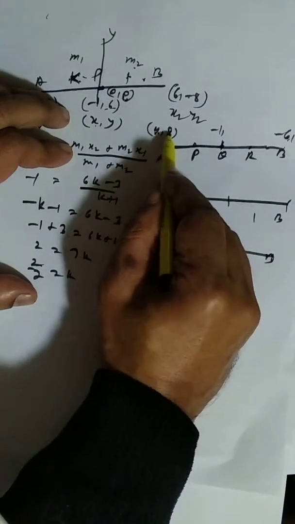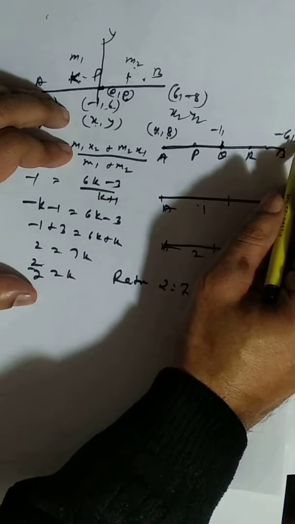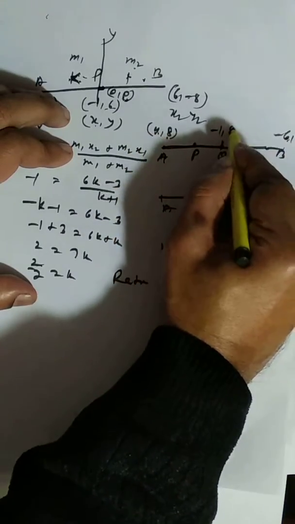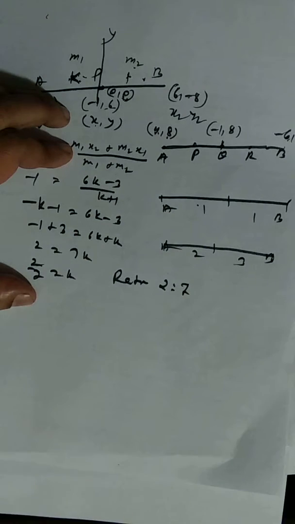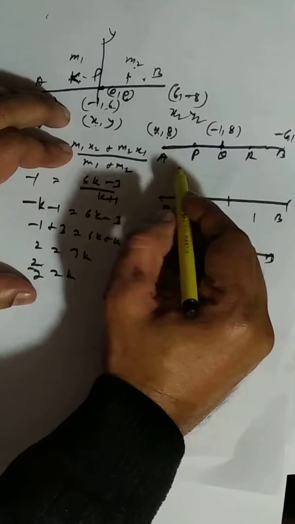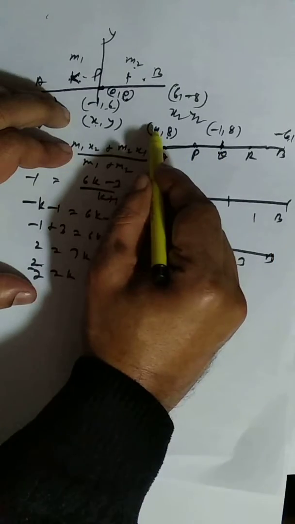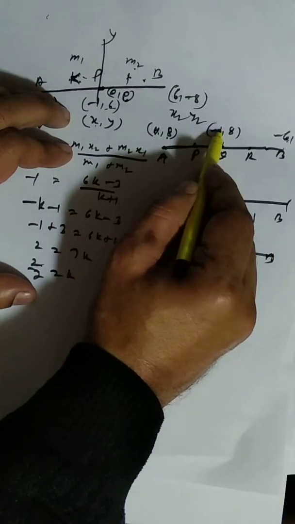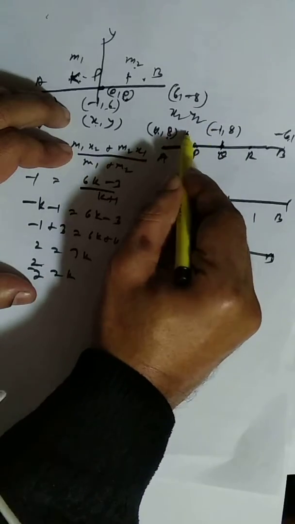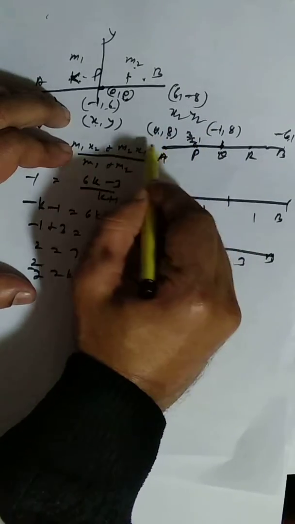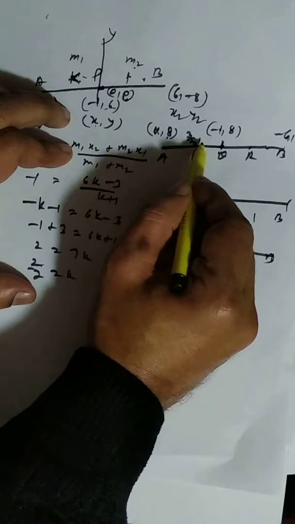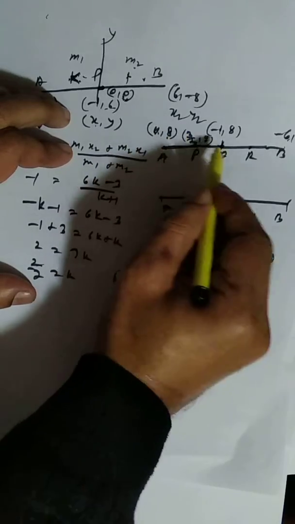Then 8 plus 8, 16 upon 2, that is 8. X equals x1 plus x2 upon 2 because here the ratio was 1 is to 1. Now the same logic I can take for P also because P is the midpoint of AQ. So by the same logic, x1 plus x2 upon 2, 4 minus 1, 3, 3 upon 2, comma, 8 plus 8, 16 upon 2, that is 8, and so on.